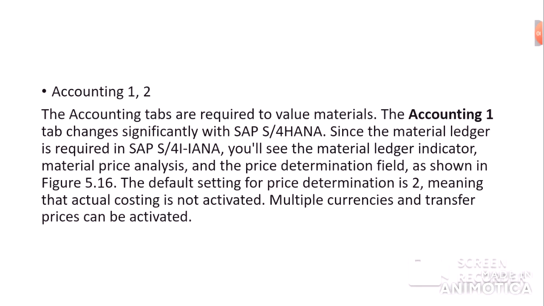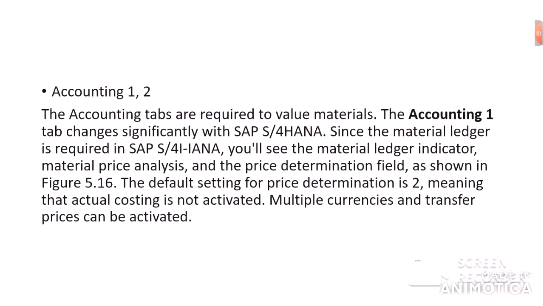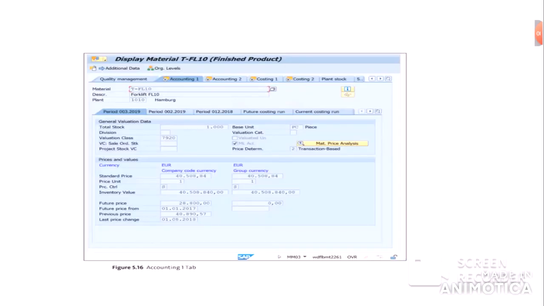Okay, accounting 1 and 2 tabs are required to value materials. The accounting 1 tab can change significantly with SAP S4HANA. Since the material ledger is required in SAP S4HANA, you will see the material ledger indicator, material price analysis, and the price determination field as shown in figure 5.16.